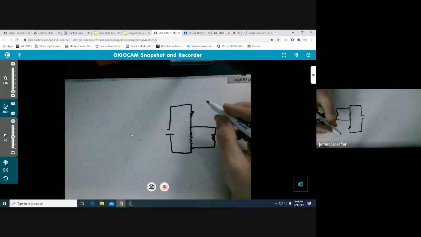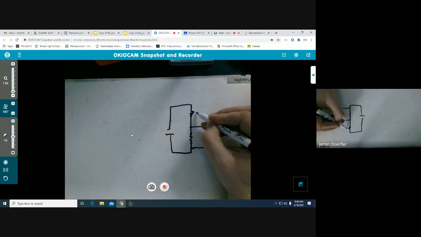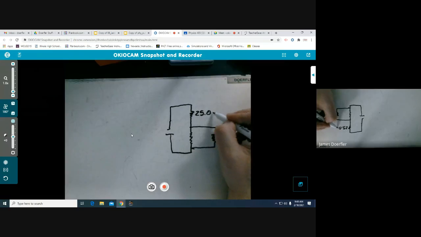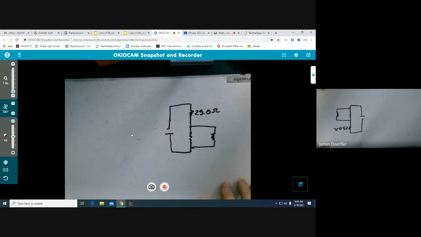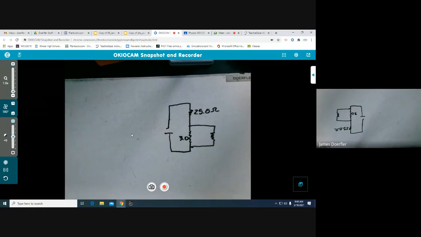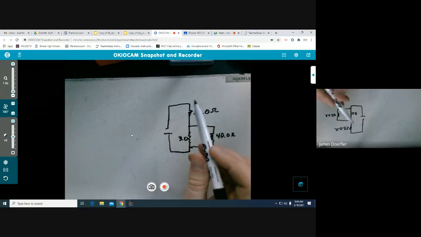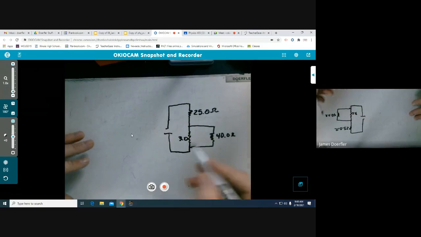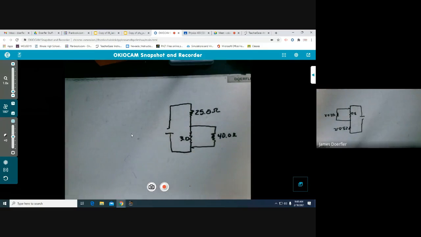So RA is 25.0 ohm. RB is 3.0 ohm. And RC is 40.0 ohm. In order to make this a little more simplified, again, this is a simple one in general.